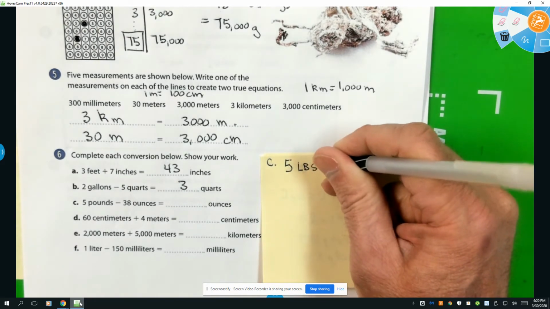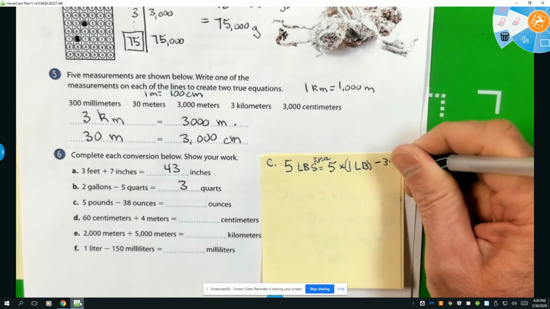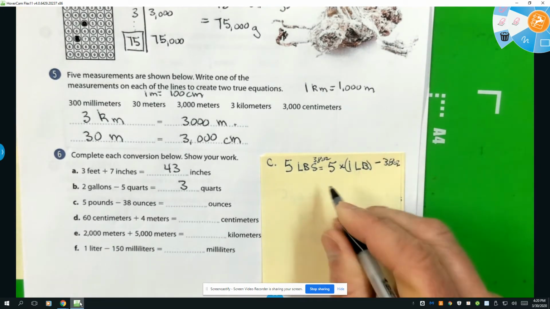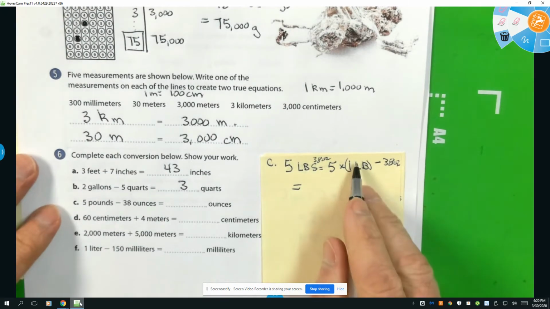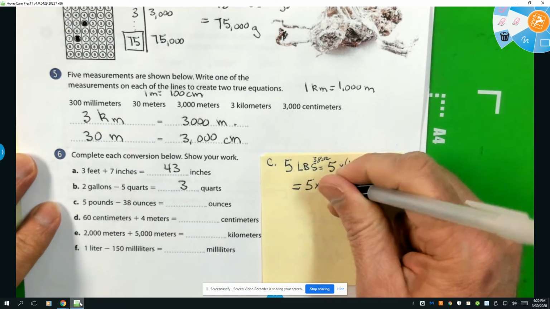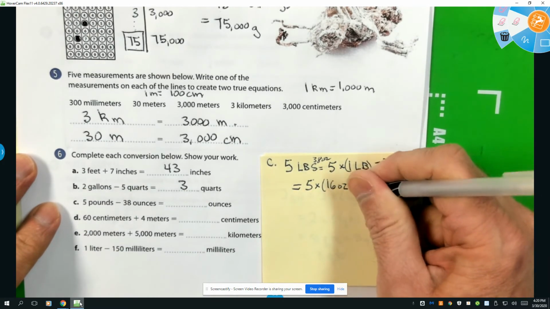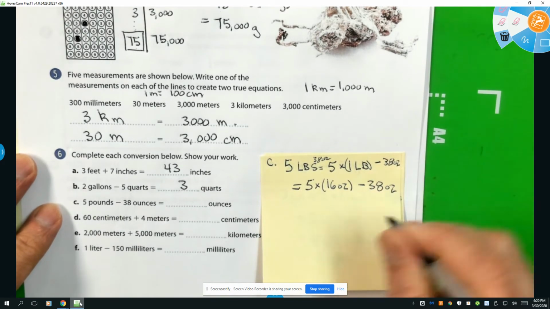All right, 38 ounces up here, minus 38 ounces. Okay, let's do our conversion. So we have 5 times, what is our conversion for 1 pound into ounces? So we have 5 times 16 ounces minus 38 ounces.